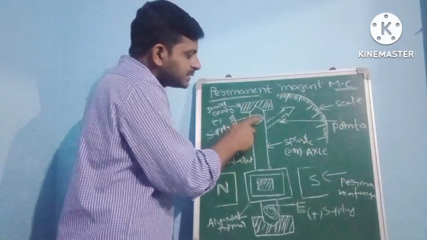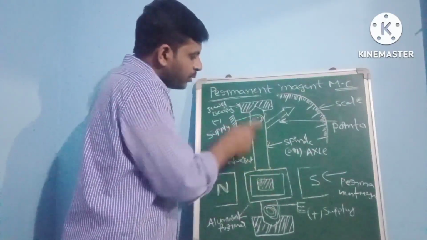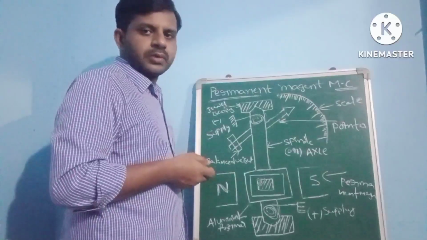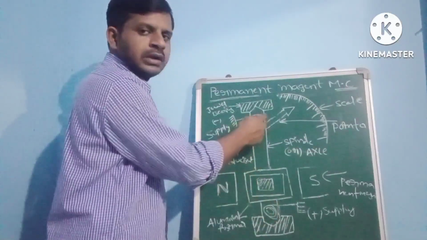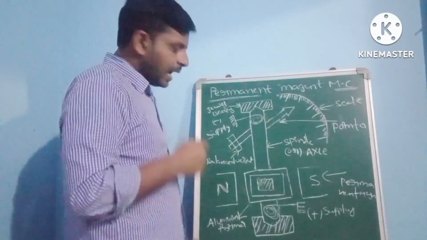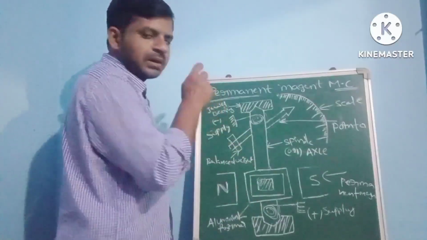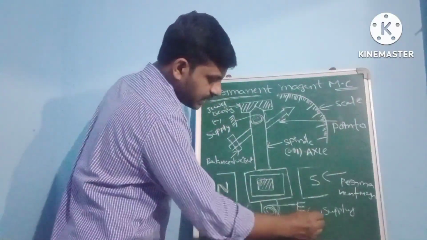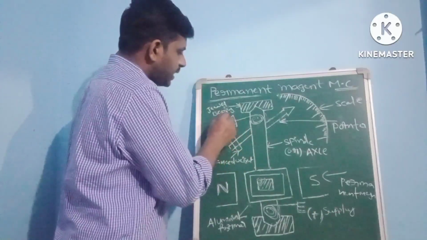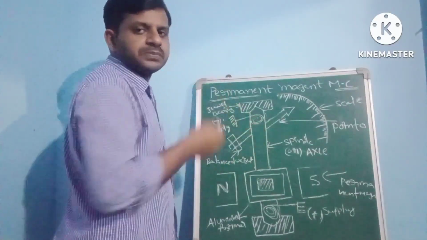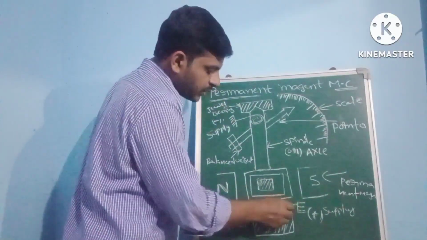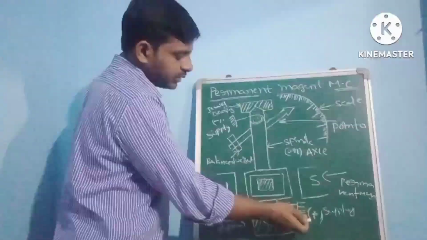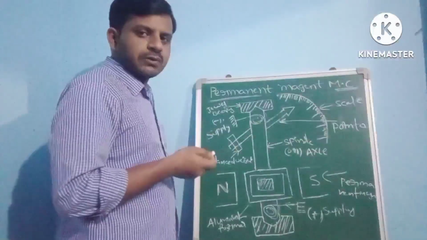That is the major help of the two phosphor bronze springs. We also give a DC supply to both spring systems. When the DC supply is given, plus to one and minus to the other, current flows. This is the positive terminal and this is the negative terminal.